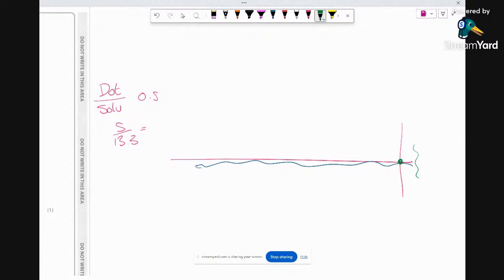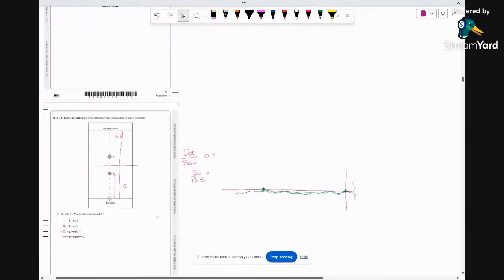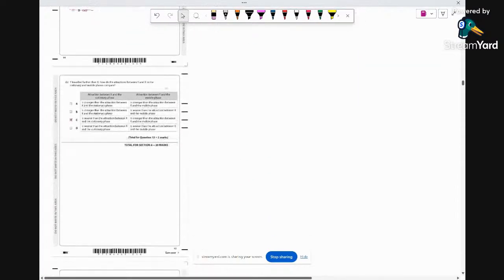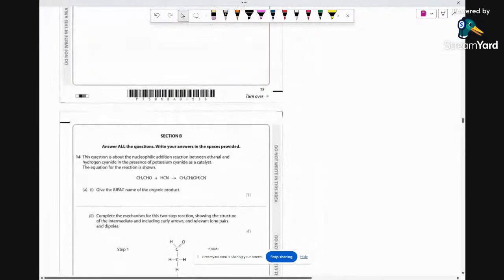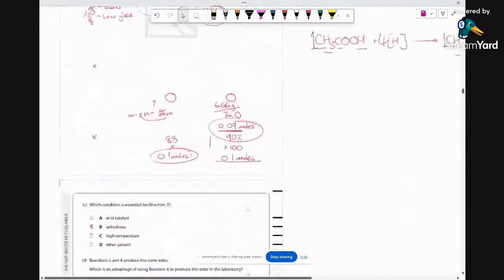Now, if the green dot has a high affinity for the mobile phase, then the water will carry it until it gets to the point where its attraction for the stationary phase, the paper, sucks it back down. That's the way I always think about it in my head. I hope that's helpful. That brings me to the end of multiple choice.